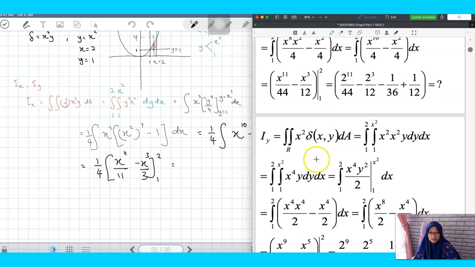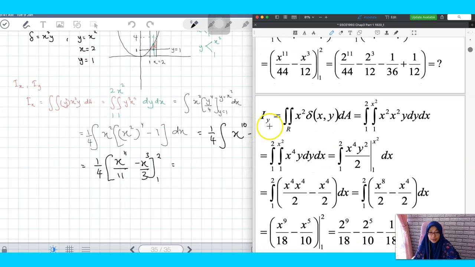Now for Iy, similar idea. The density is x squared y, and because we want the second moment about the y-axis, you have to multiply by x squared, and then you get x to the fourth y, dy dx.